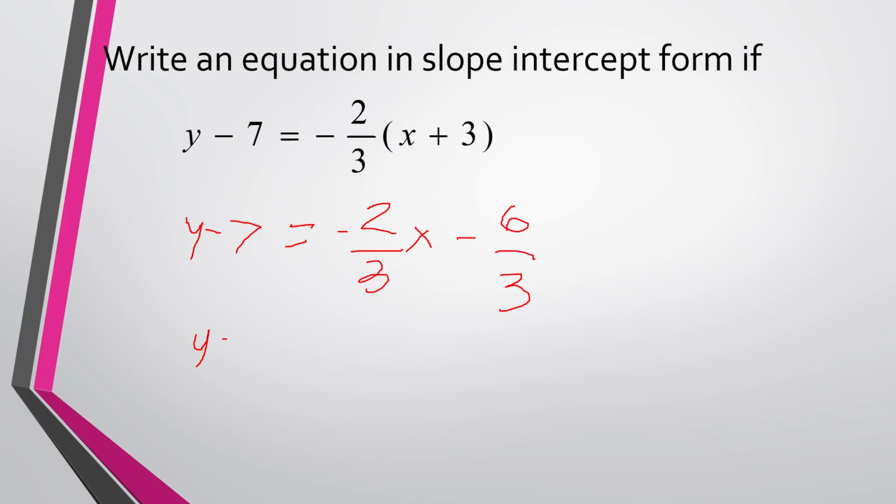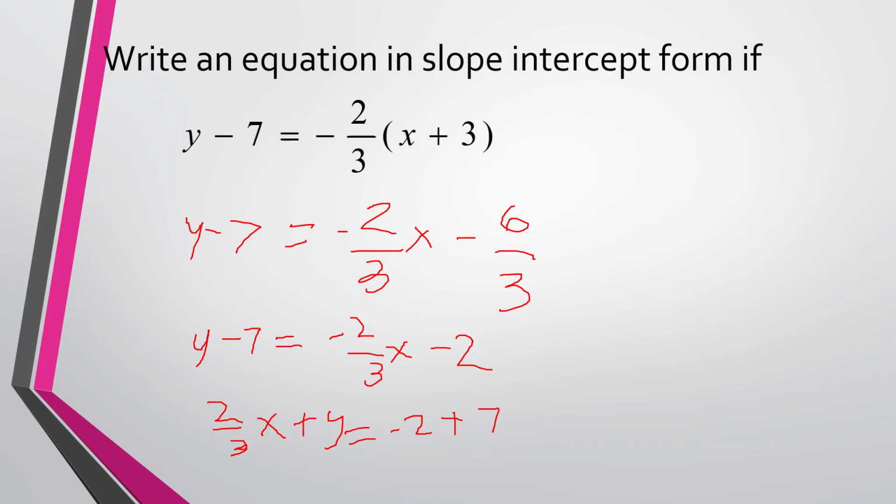So y minus 7 equals negative 2/3 x minus 2. Then, combine natin, lipat natin dito. That would be 2/3 x plus y equals negative 2 plus 7.